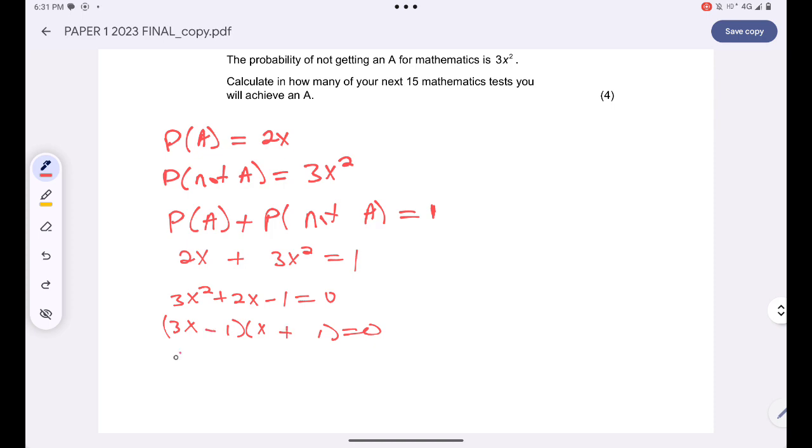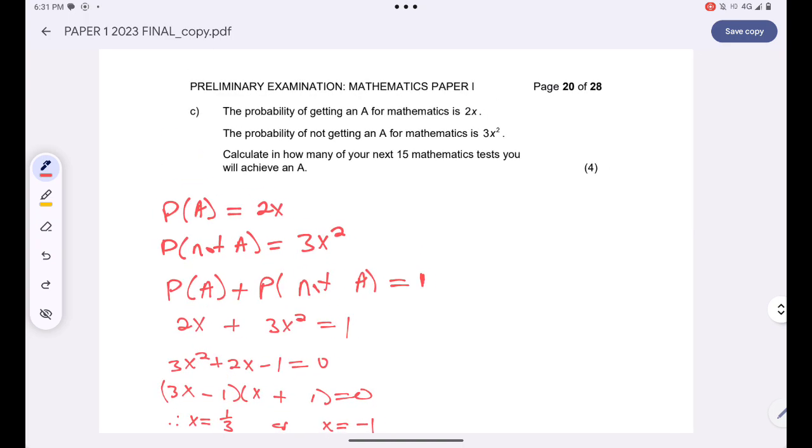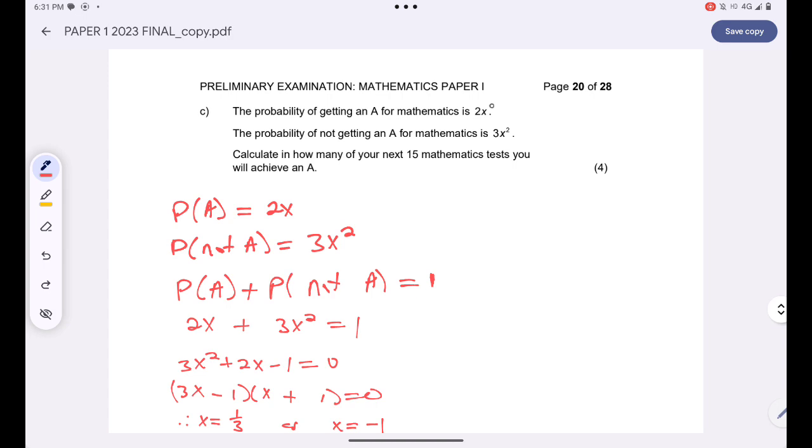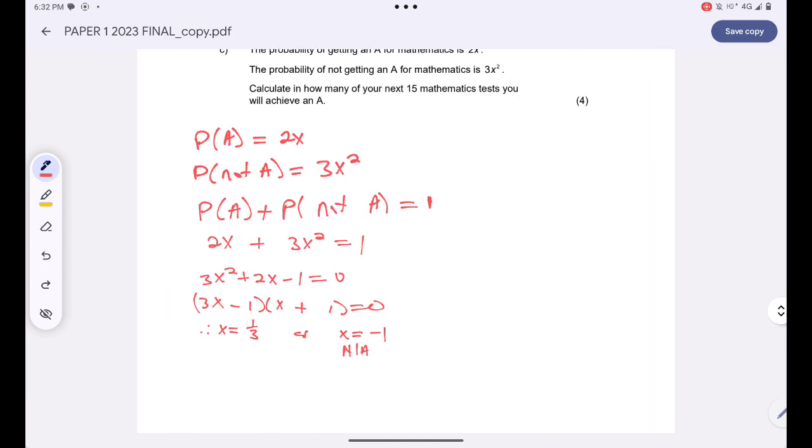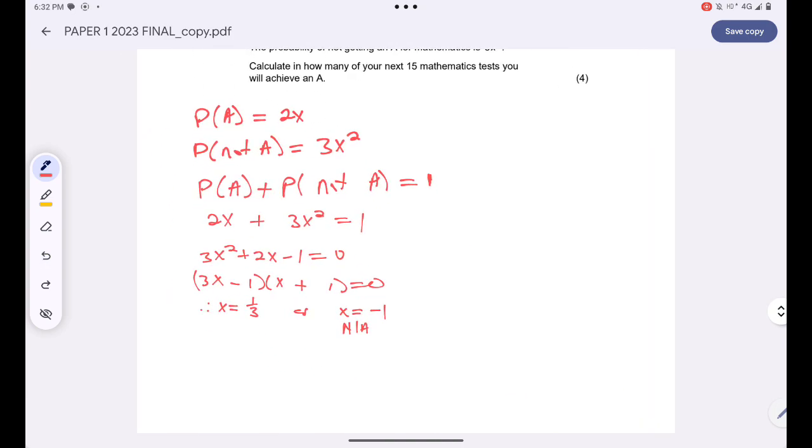Therefore, x will be 1 over 3, or x will be negative 1, which is not applicable. Why is it not applicable? Because if x is negative 1, that means we'll have a negative probability, which is not true. Probability, guys, is always between 0 and 1. It's a positive number. So x is basically 1 over 3.